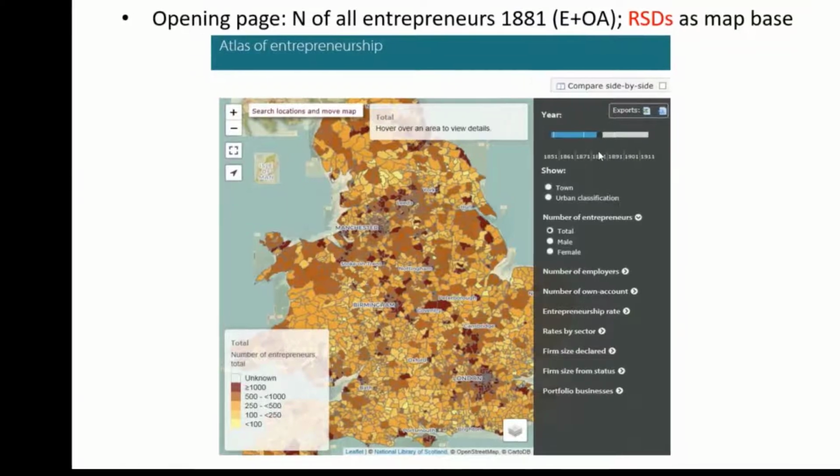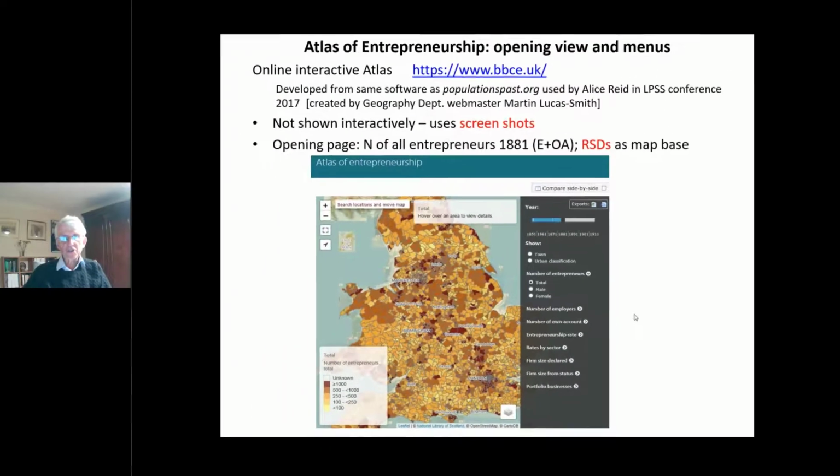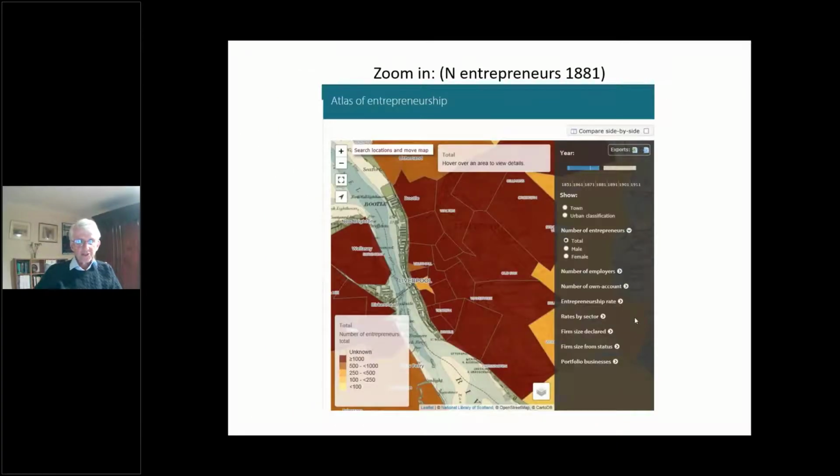We've got 1881 year, the bar shows it's 1881, and you can see that we're looking at the total number of entrepreneurs for all genders, all types, farmers, non-farmers, etc. across the country. So you've got this map and you can explore what you think about it around the country. You can move the map around and you can zoom in. So this is what it looks like zoomed in on Liverpool.